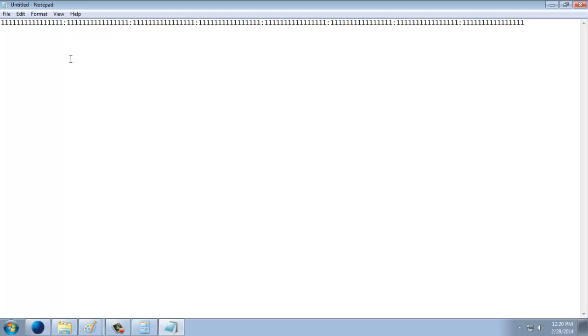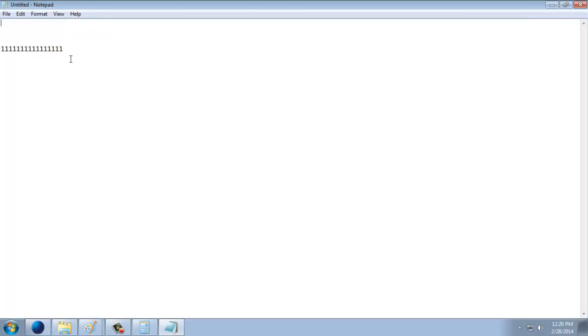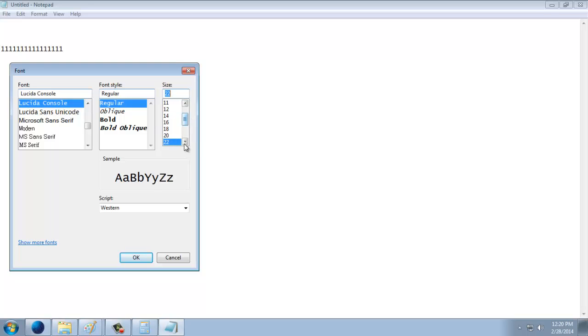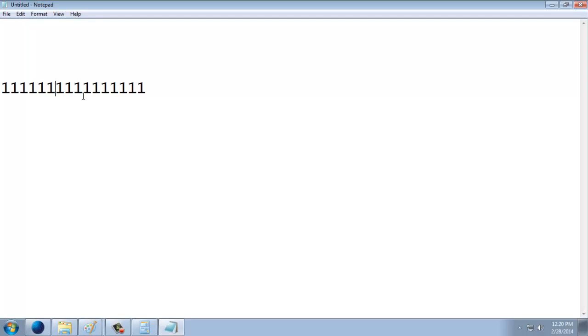So we will take a single part. Okay, we'll make the font a little bit bigger so that you can easily see that. 16 bits.